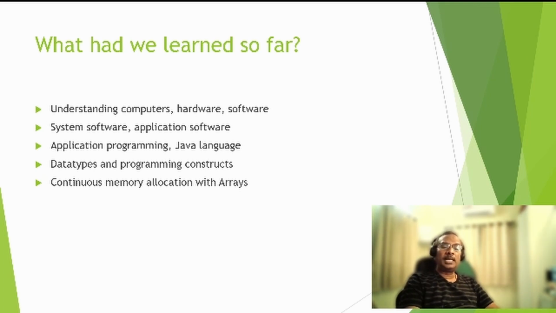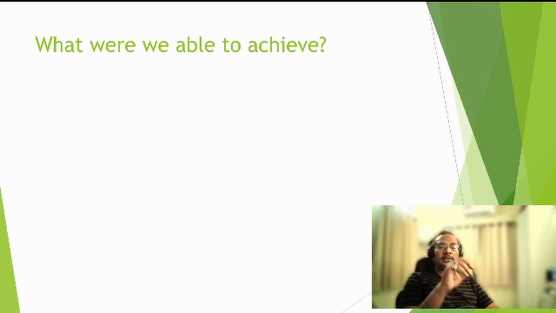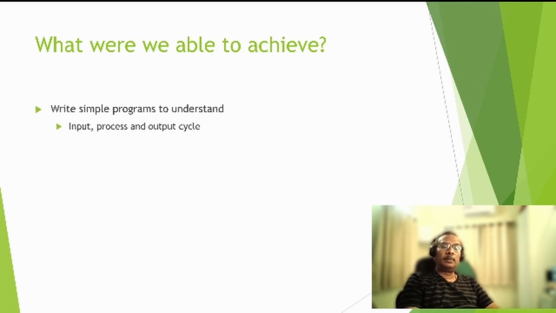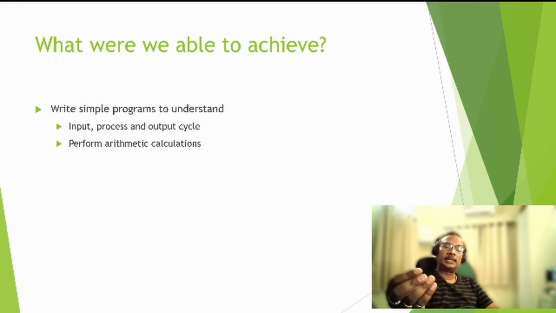Okay. So what have we achieved? What were we able to achieve with all this learning? We were able to write simple programs to understand the input, process, and output cycle better. And then we were able to perform arithmetic calculations. We were able to do programming for add, subtract, multiply.